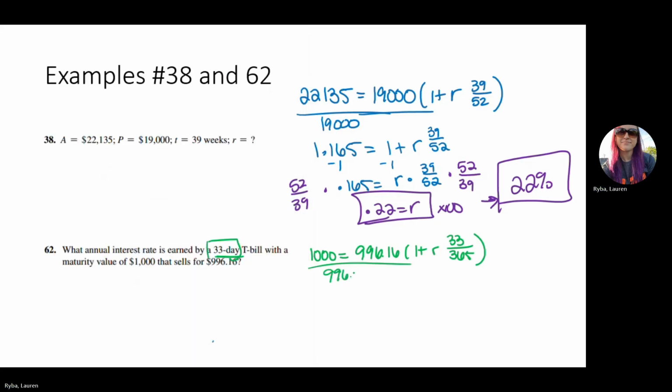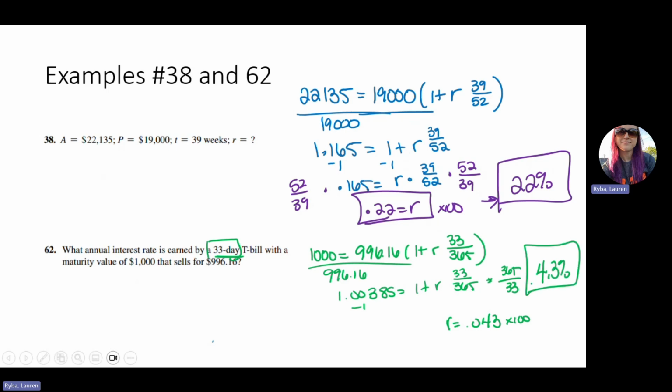That gave me roughly, I'm going to write out what I have roughly. You subtracted the 1, and then we're going to multiply by the reciprocal. So 0.043 is going to be times by 100 for a 4.3%. Sweet. Class is over.